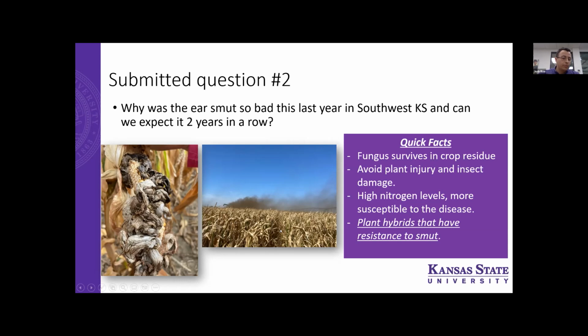Typically, we don't see what we're seeing here with this combine, right? But every other year there are fields where corn smut can be a problem. Fungicides are not effective against this disease, so there's not much to do at that point regarding fungicide application.